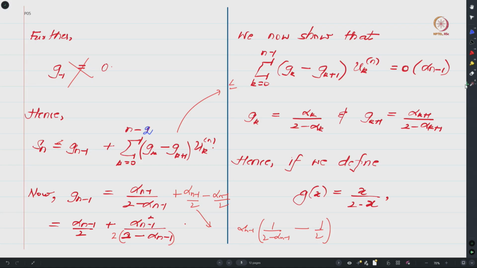Okay, so the first goal that we have right now is to show what can we say about this gk minus gk plus 1. Right now, as you remember, gk is of the form alpha k over 2 minus alpha k, and gk plus 1 is alpha k plus 1 over 2 minus alpha k plus 1. Hence, if we define g of x to be of the form x over 2 minus x, right, then this quantity is g of alpha k, and this quantity over here is g of alpha k plus 1.